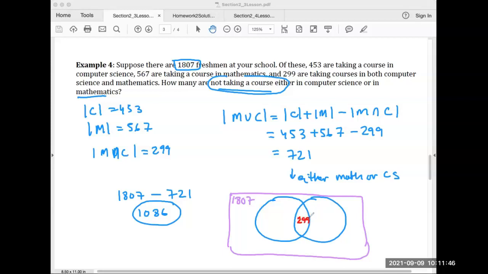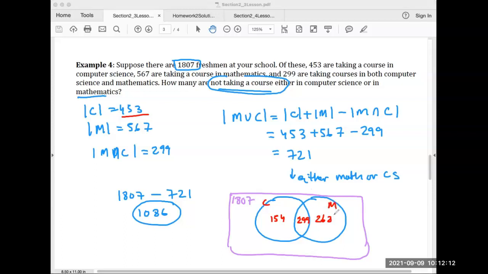That's the overlap. Computer science in total is 453, so 453 minus 299 gives 154 computer science students who are not also math majors. Together, if you add these numbers, you get the 453. And 567 minus 299, we get 268.